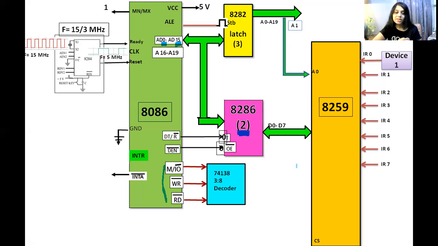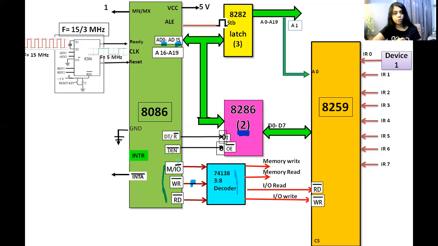This is a 3:8 decoder. All these three pins of 8086 are connected to the 3:8 decoder, and based on the status of these pins, whether this is 0 or this is 0 or this is 0, this decoder generates different control signals for the 8086 microprocessor.